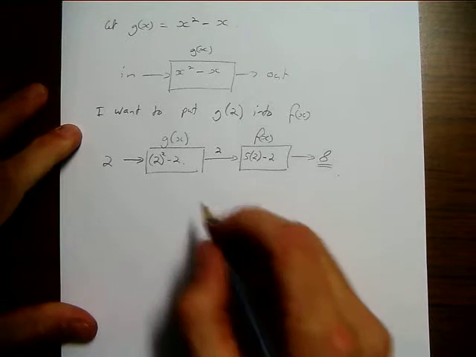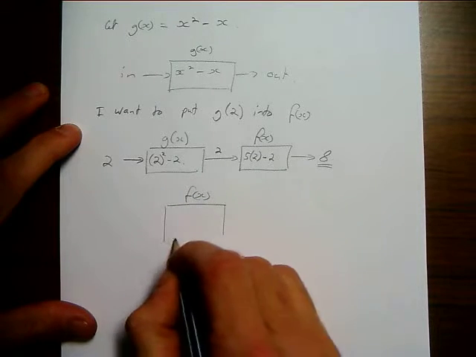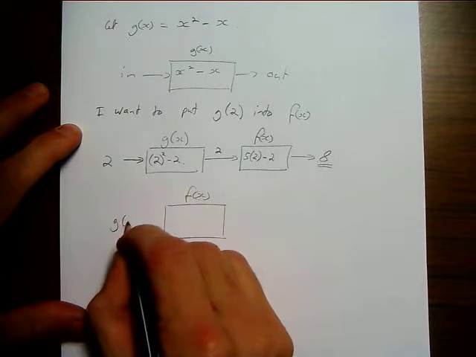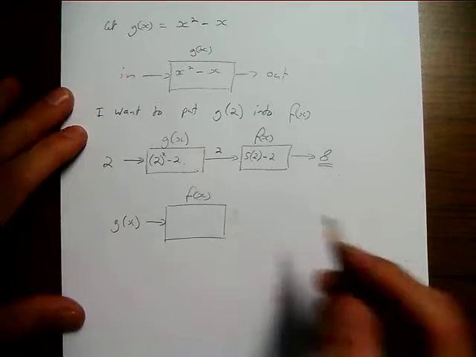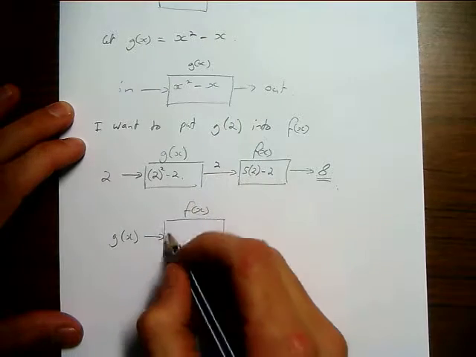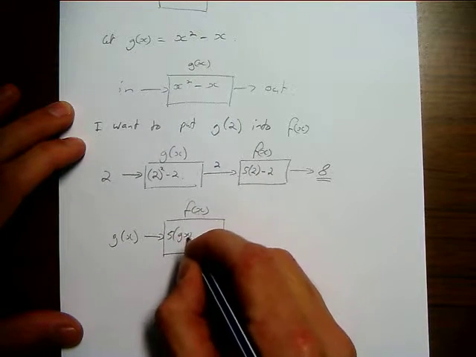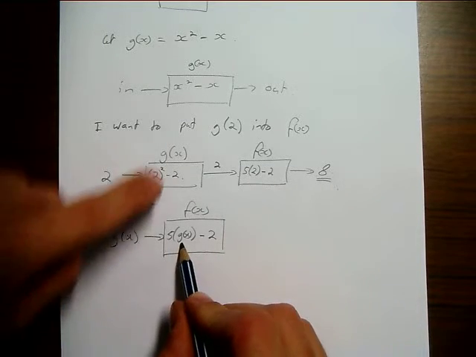So what if I did this? I have my f of x function. Could I input g of x into f of x? We talked before about valid inputs. Is a function a valid input for a function? Anyone think we're going to have a problem with this? Let's do it. We'd have 5 times g of x take 2, and g of x is actually this function here.